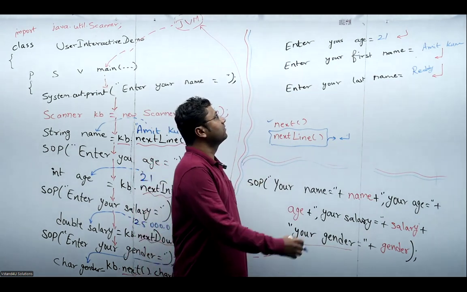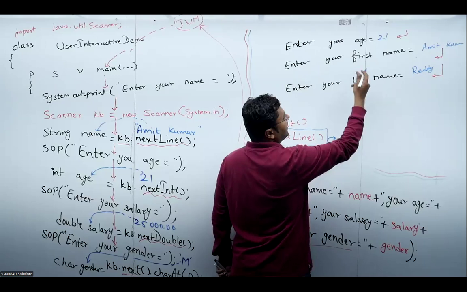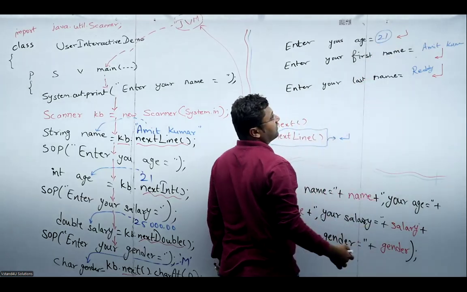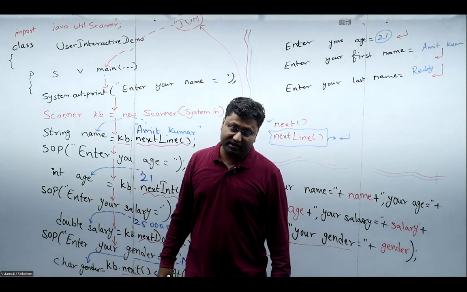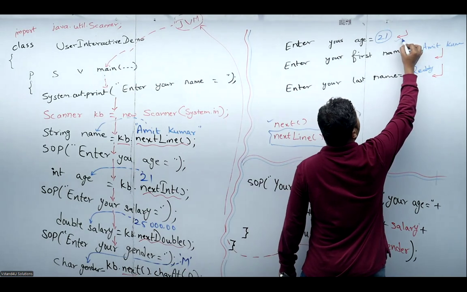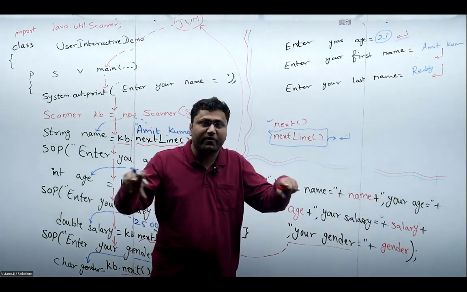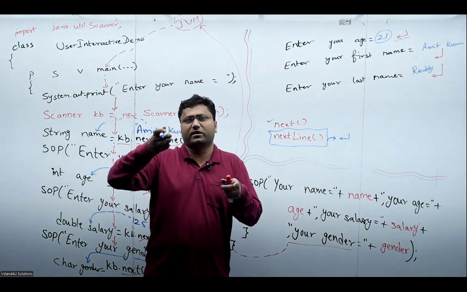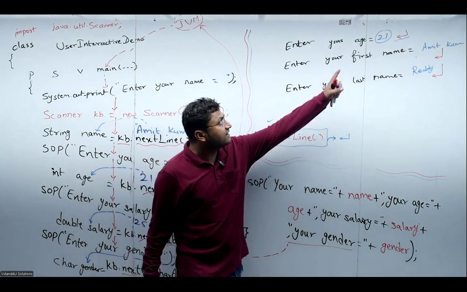Let me help you. When you first time said enter your age, I gave the age. This age value 21 is given as an input, agree? And will be kept into a variable called age. That is what we have done so far. But what about this enter symbol? This enter symbol is still there in the buffer. Buffer means the input buffer, where all the data is being inserted from the keyboard, right? In the input buffer, that enter is there.